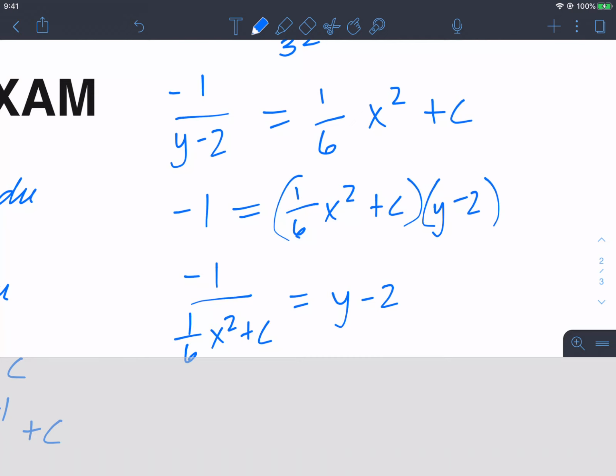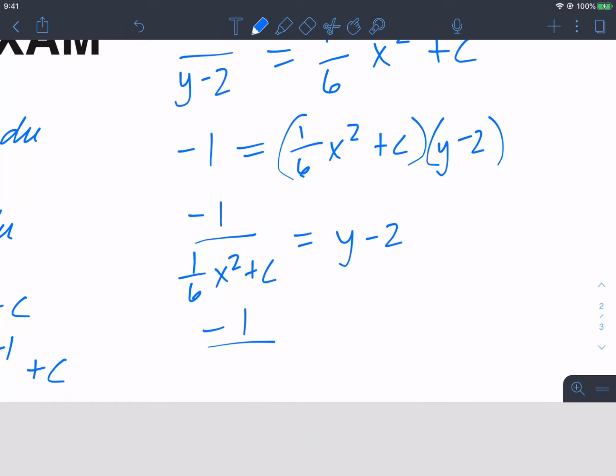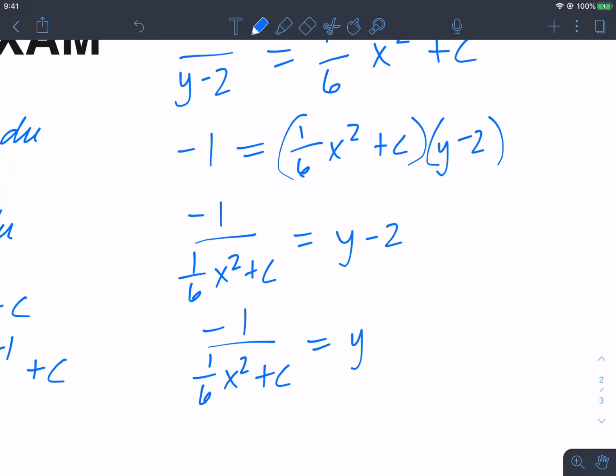Then I can add the 2 to the other side. Oops, put the plus 2 out in front. It doesn't matter where it's at.